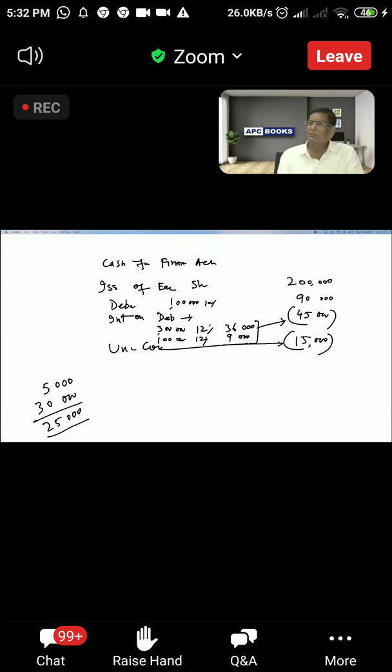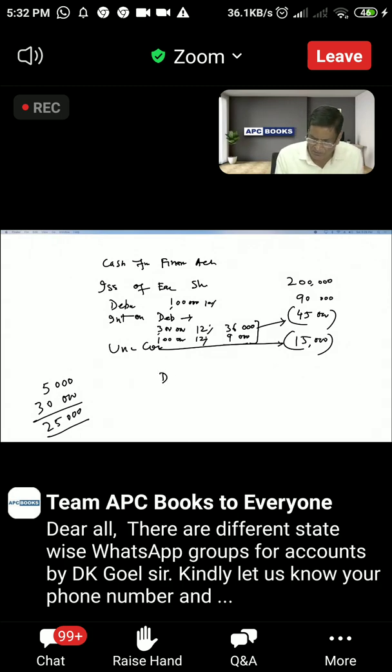we have a difficulty in this question. Let us read point number 3. All capital losses were written off. From where? What are the capital losses in this question? Discount on debentures and underwriting commission.